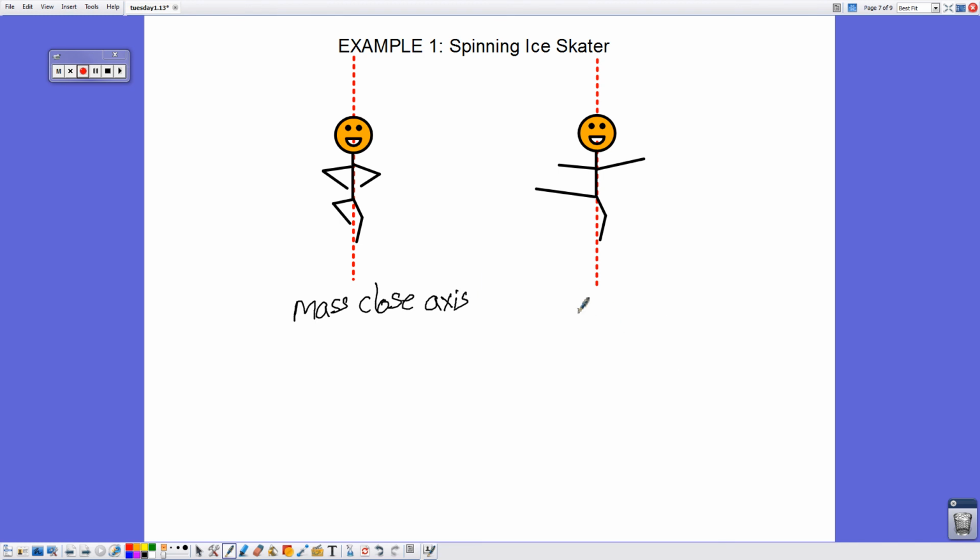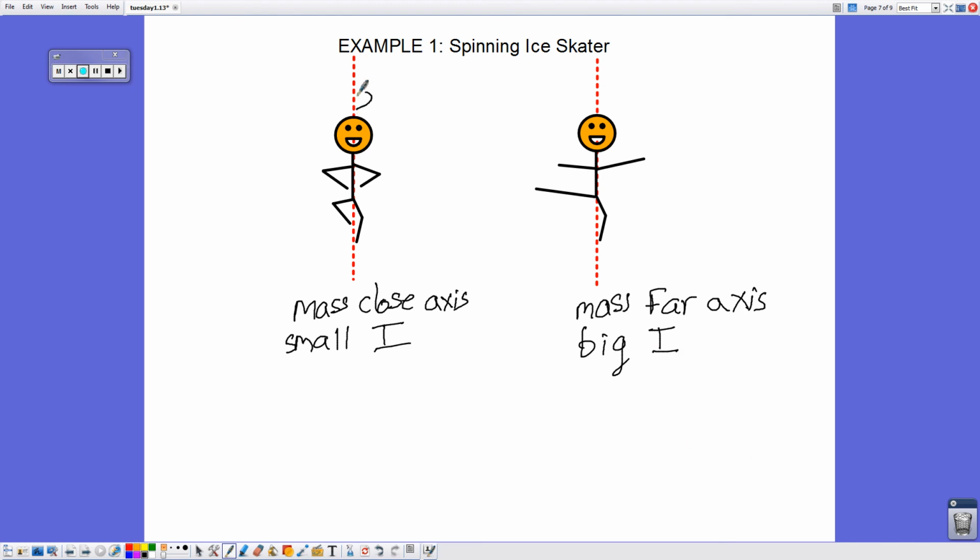Here we have an example of a spinning ice skater where the mass is far from the axis. This means you have a nice small moment of inertia, and this means you have a nice big moment of inertia.